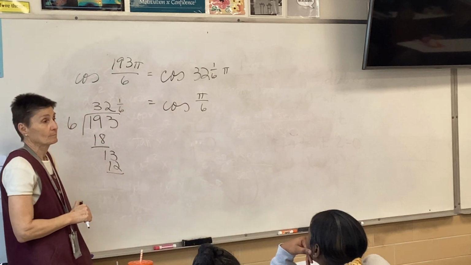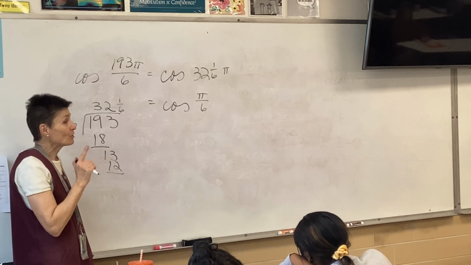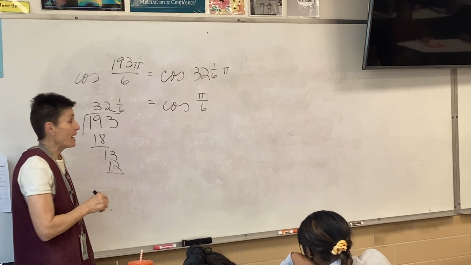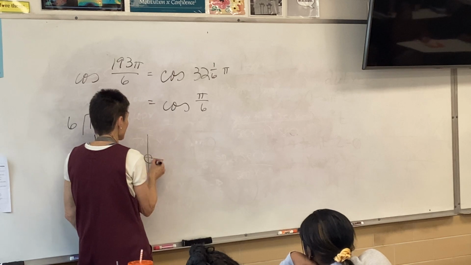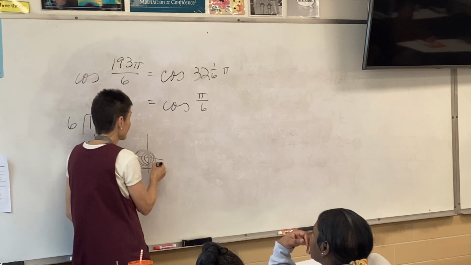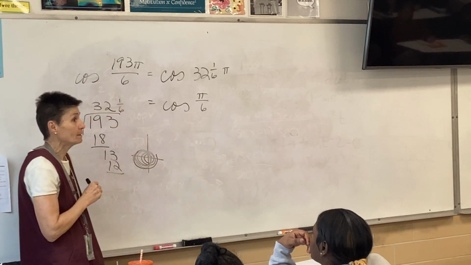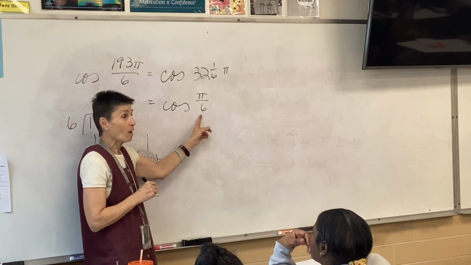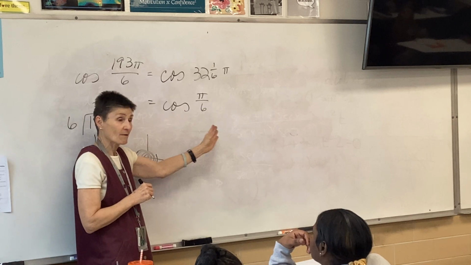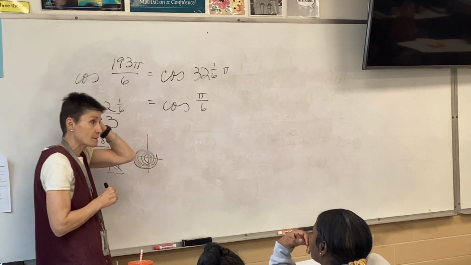Yes. Because you're going to draw a picture of this angle. And if you want to draw an angle that goes around and around, go ahead. But the part that matters is what's left after you've gone around and around, right? So we just figured out what was left. Is everybody on board?